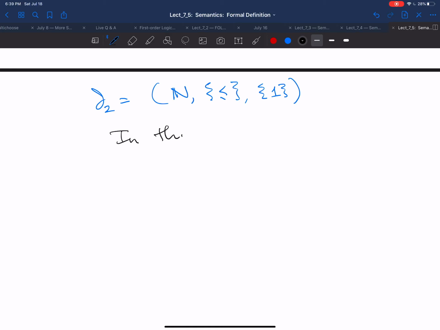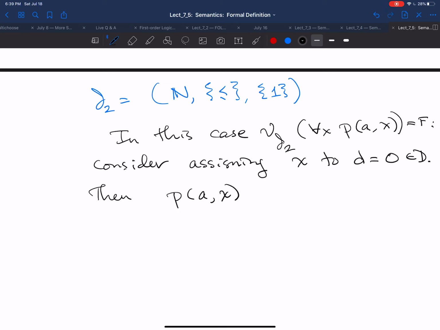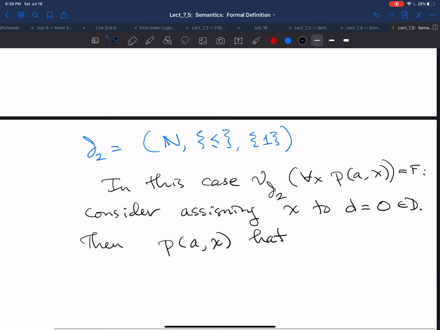So in this case, the truth value of our formula for all x P(ax) is false, because suppose we consider assigning to x the value 0. Then P(ax) has the truth value f.